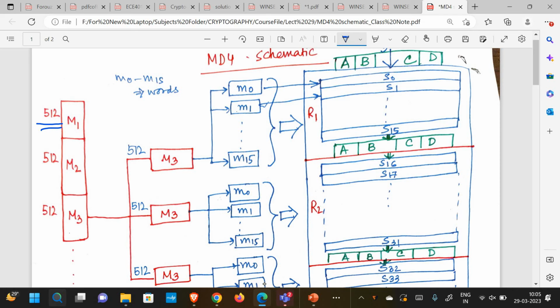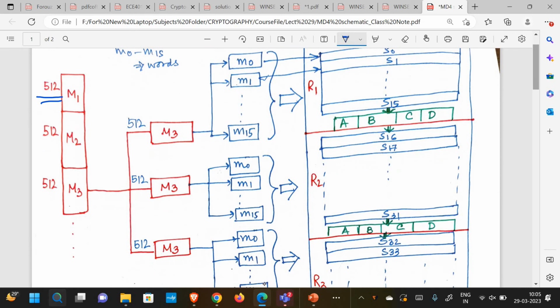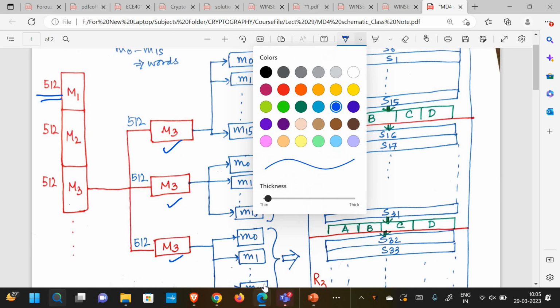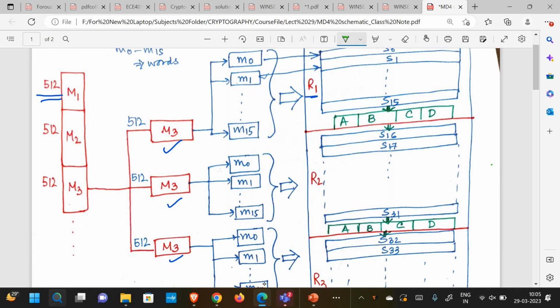If I consider any one of these 512-bit blocks, it will be repeated 3 times, because there are supposed to be 3 sets of rounds. Each round will have 16 states, which means a total of 48 such states, given by R1, R2 and R3.